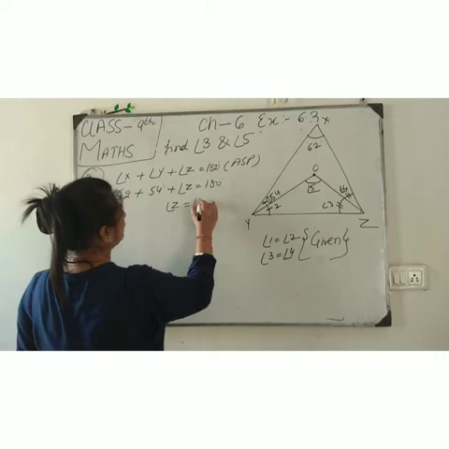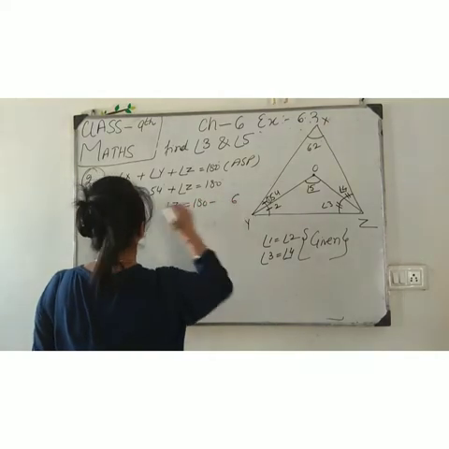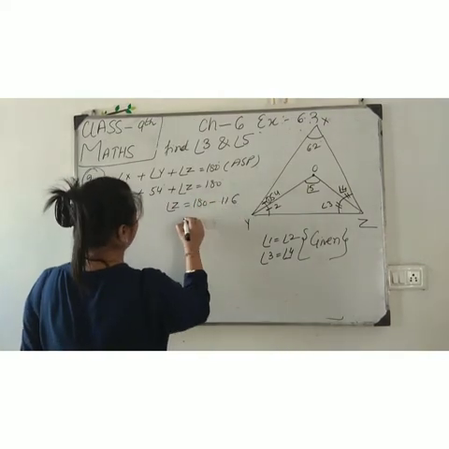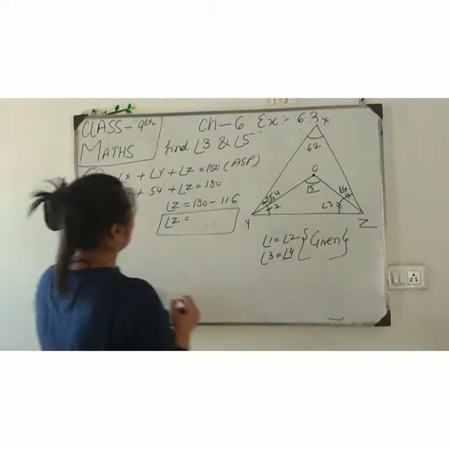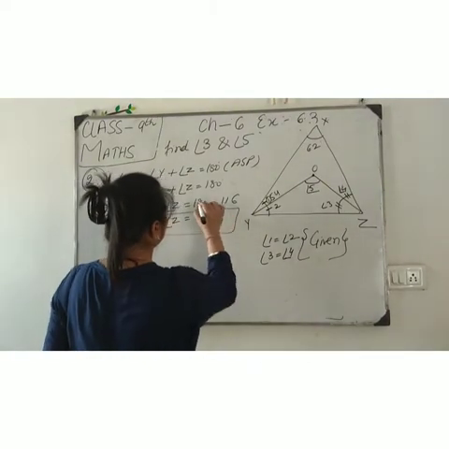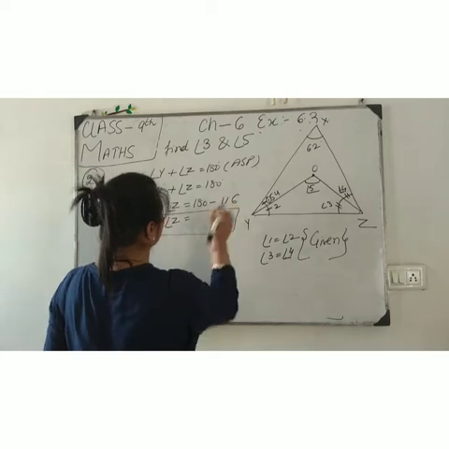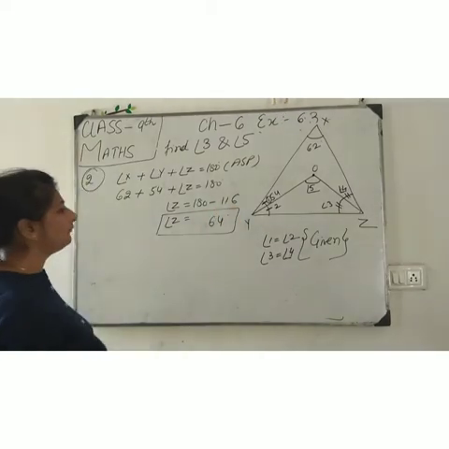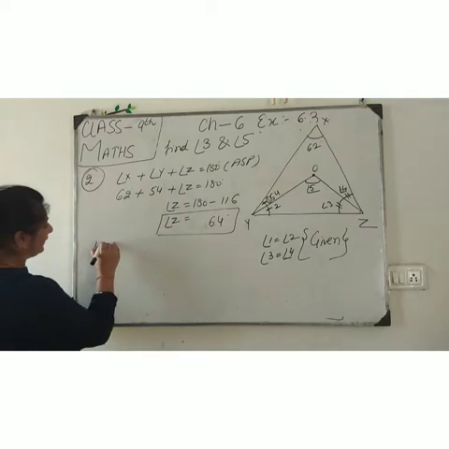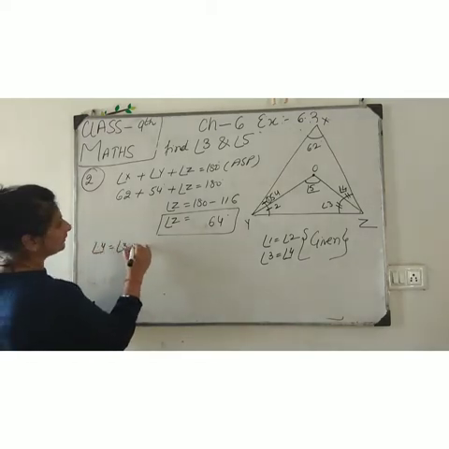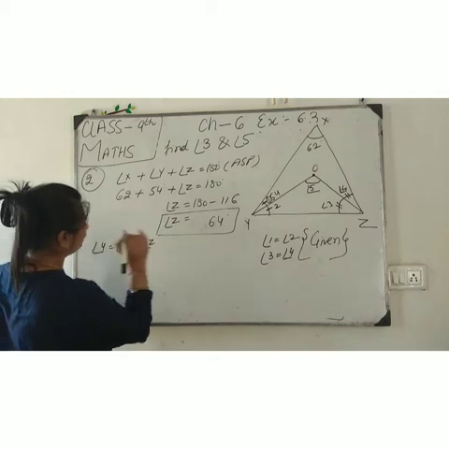Angle Z equal to 180 minus 116. Now subtract: 180 minus 116 is 64. The value of Z equal to 64. Now, how to solve? Angle 4 equal to angle 3 equal to angle Z.